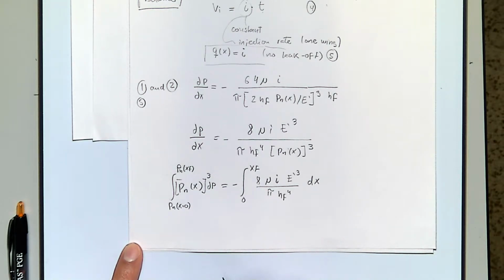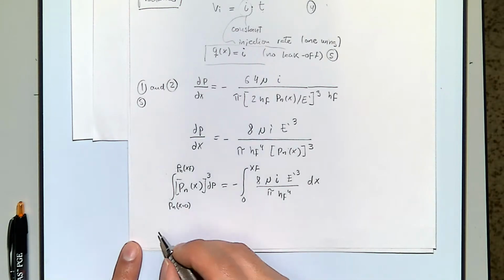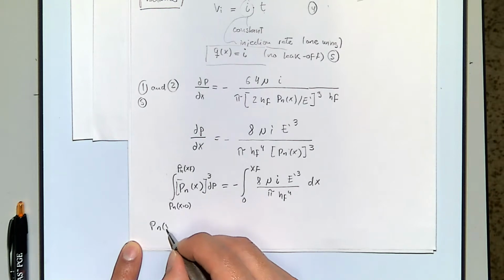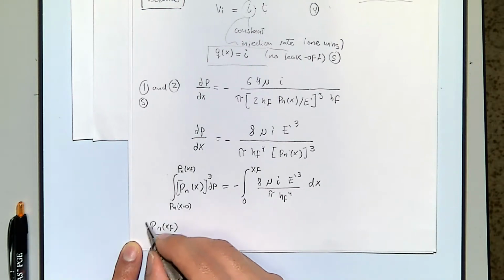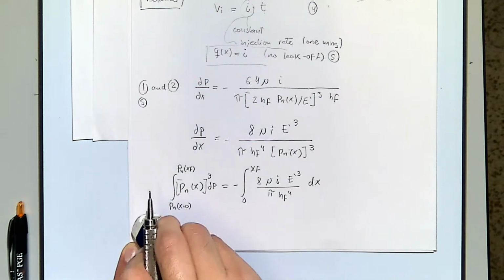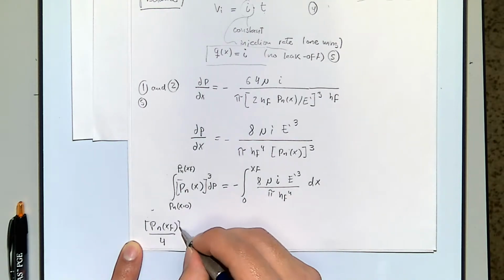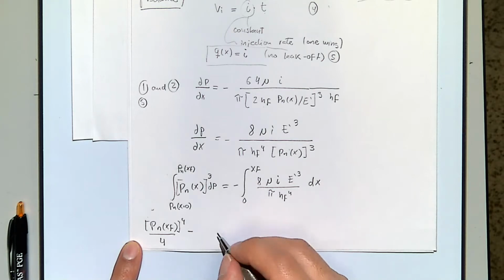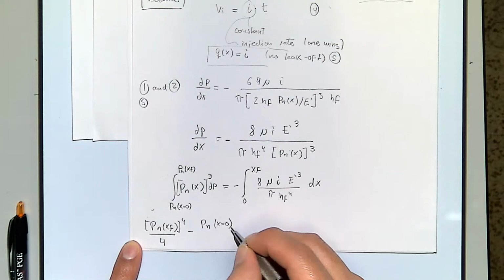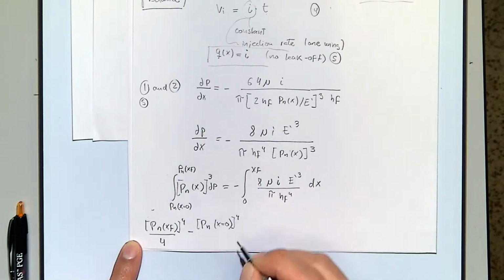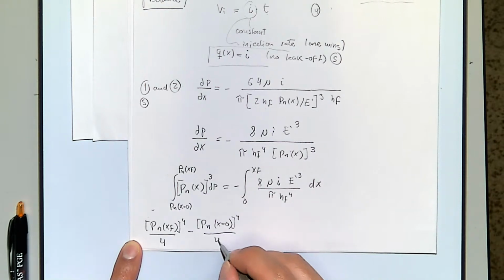You remember that? X to the power of fourth divided by 4, right? So this is going to be Pn at xf to the power of fourth divided by 4, minus Pn at x equal to 0 to the power of 4 divided by 4.